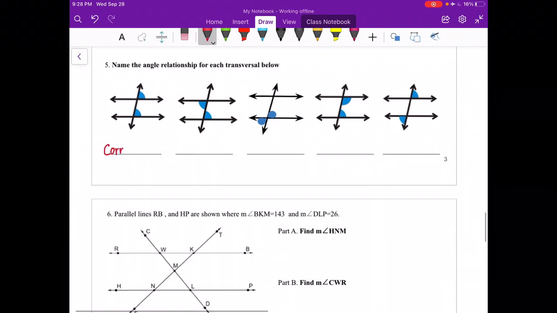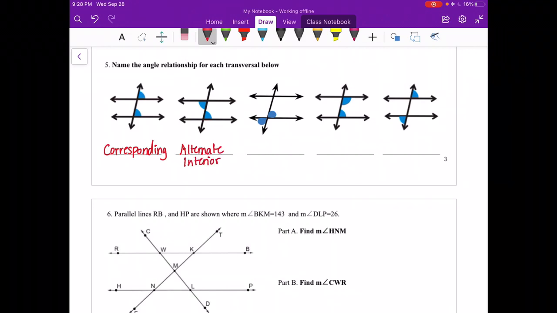Therefore, they must be corresponding angles. The next set of angles are on the opposite sides of the transversal, and they are inside the parallel lines, making them alternate interior angles.